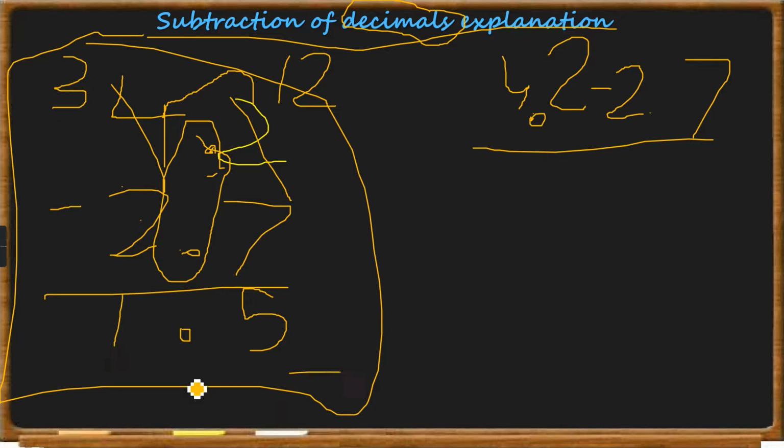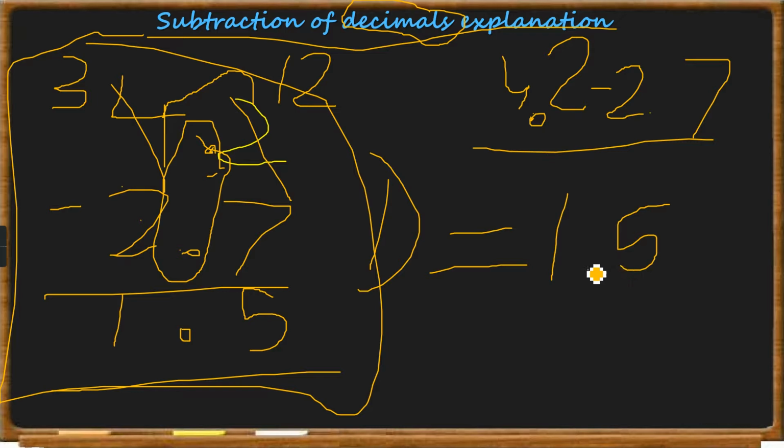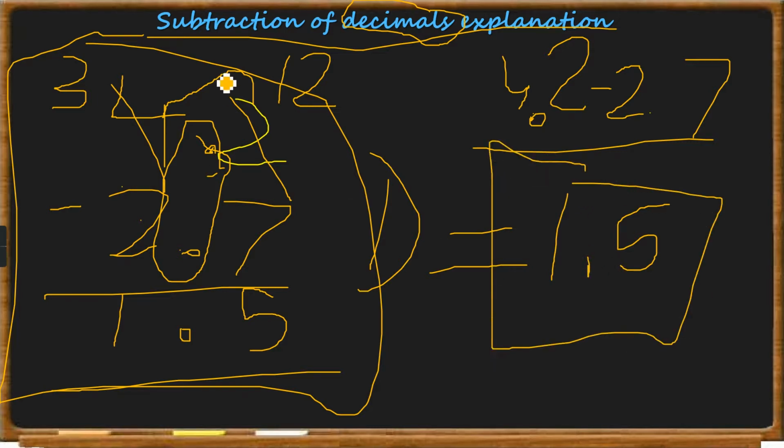So 3 minus 1 is... your difference is 1.5. As simple as that. Here you just need to do the same subtraction as in simple sums. The decimal point is just there to make it look like a decimal, but the process is the same.